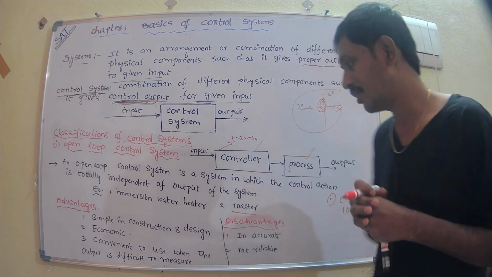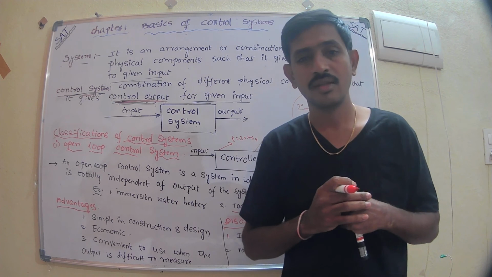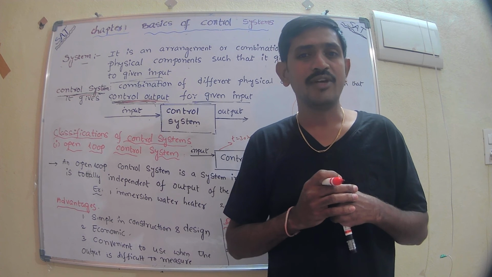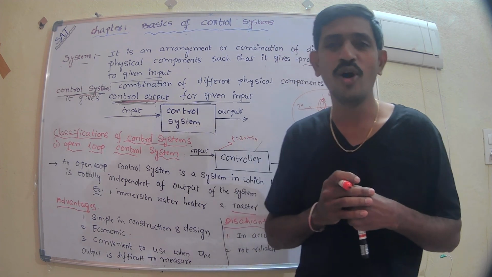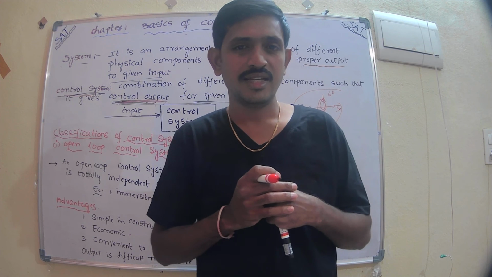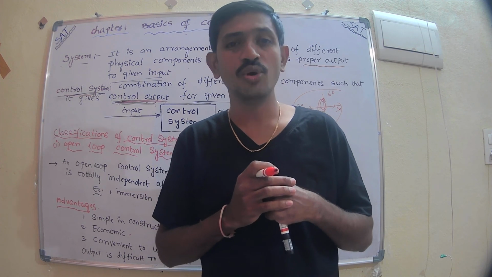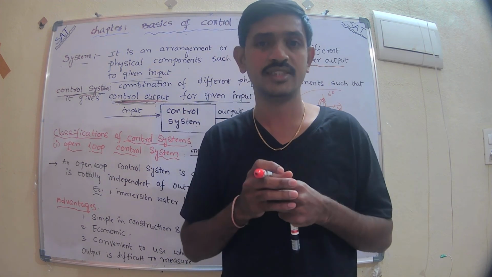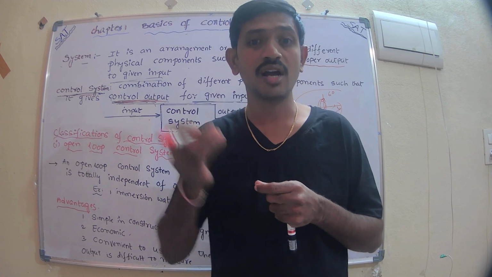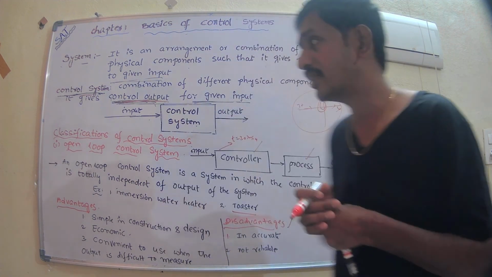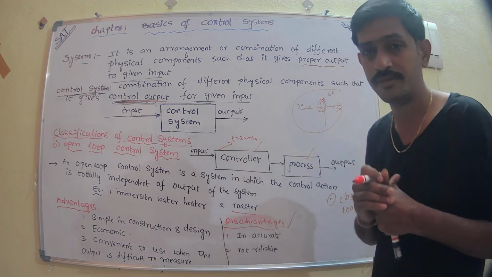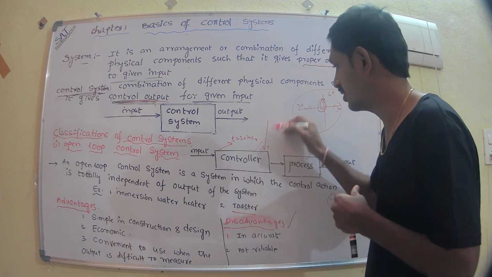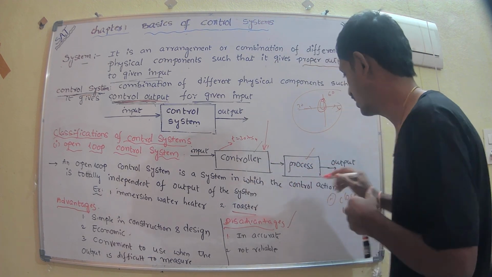Next, coming to the disadvantages. The main disadvantage is that it gives inaccurate output. Why? Because there is no feedback in the open loop control system. If there is any disturbance occurring in the controller, it doesn't give the desired output.